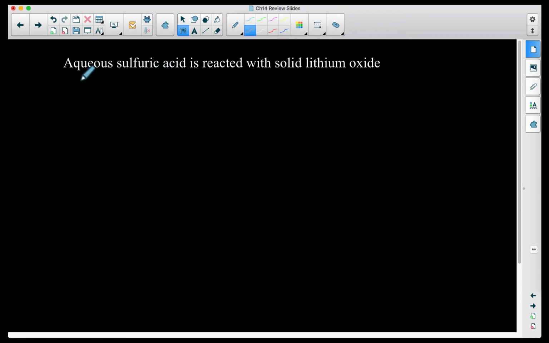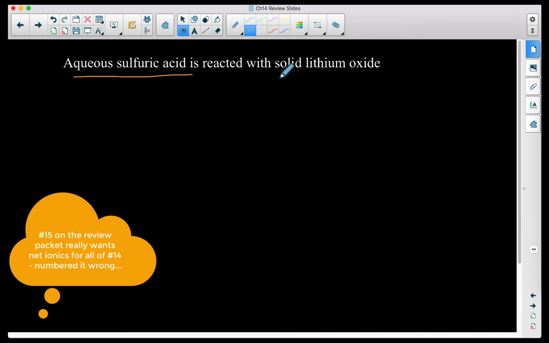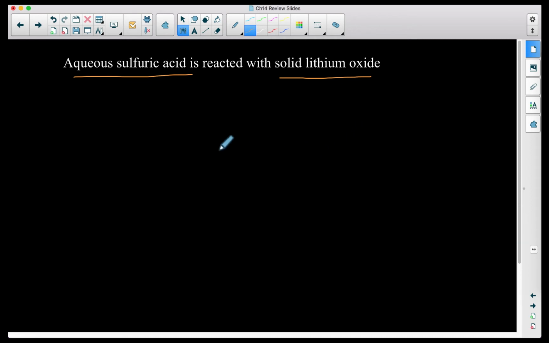All right, aqueous sulfuric acid is reacted with solid lithium oxide. So we're actually going to do number 15 for this, where we're going to practice writing a net ionic, which means that, yes, we're going to start with a complete molecular. So sulfuric acid, H2SO4, aqueous, is reacted with solid lithium oxide to produce what?